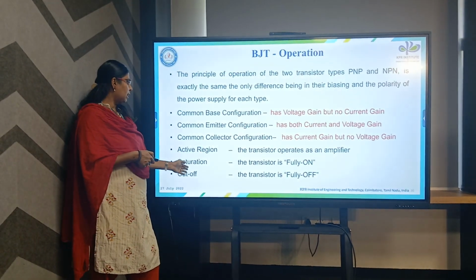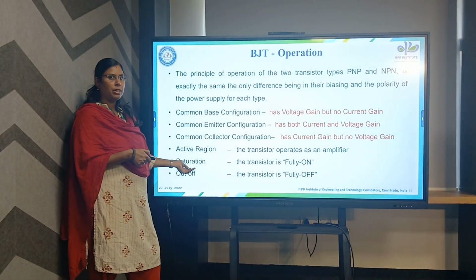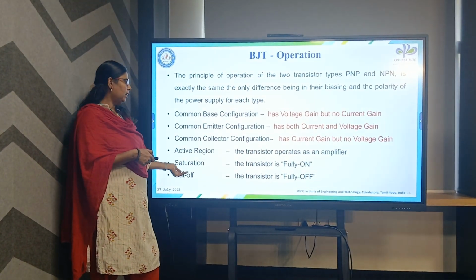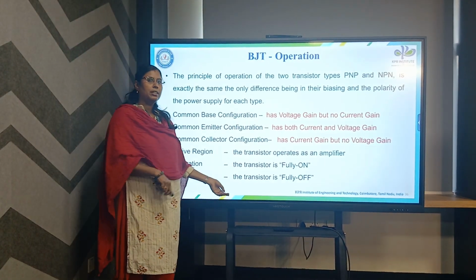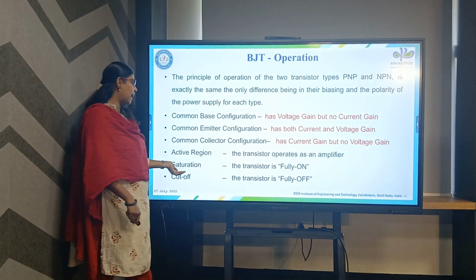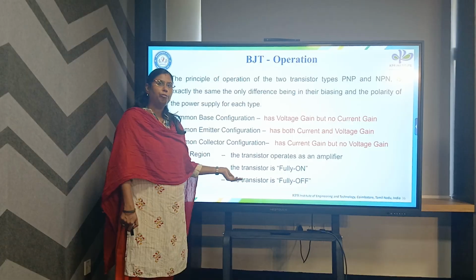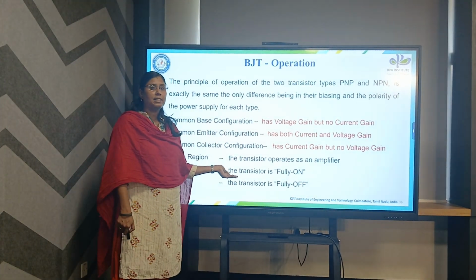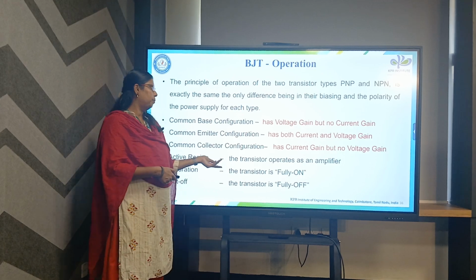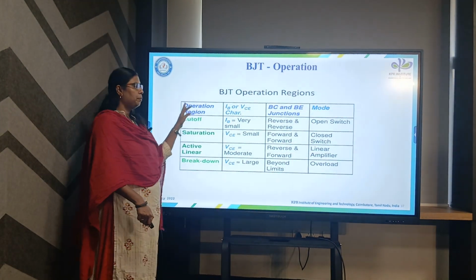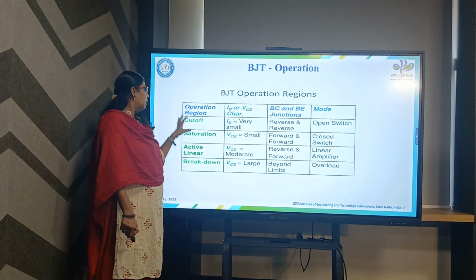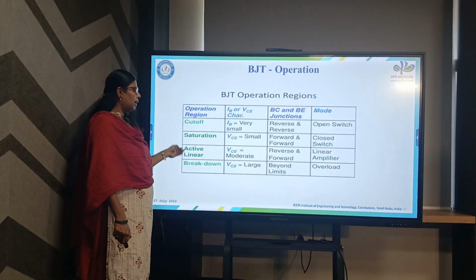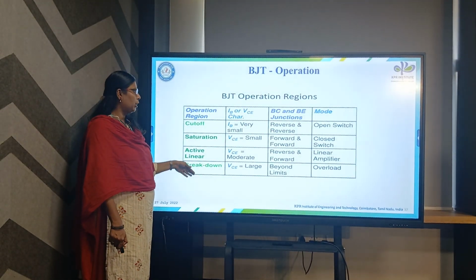So we have three modes of operation in bipolar junction transistor. The three regions are active region, saturation region, and cutoff region. In the cutoff region, the transistor is in off state. In saturation region, the transistor is in fully on state. In active region, the transistor operates as an amplifier. So these are the BJT operating regions: cutoff, saturation, and active, and also the breakdown.